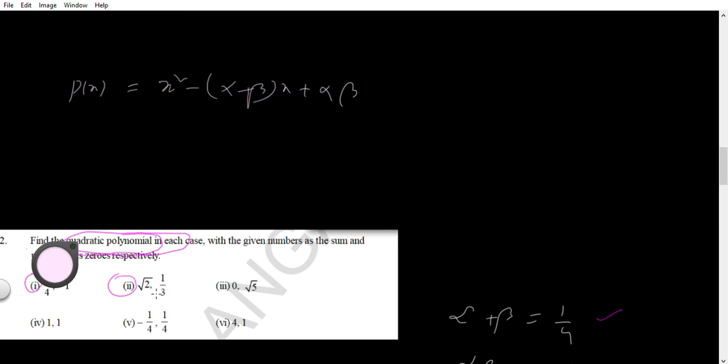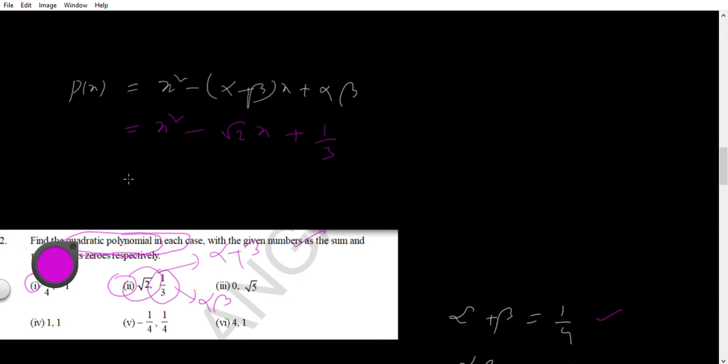Here I would like to take the second one. This one is always alpha plus beta in this case, and this is always alpha beta. Very simple, you can write x square minus alpha plus beta, which is root 2, times x plus alpha beta, which is 1 by 3. So we get a nice quadratic polynomial.